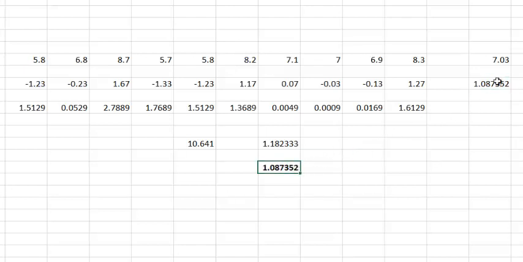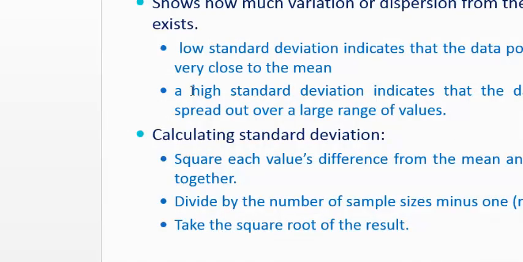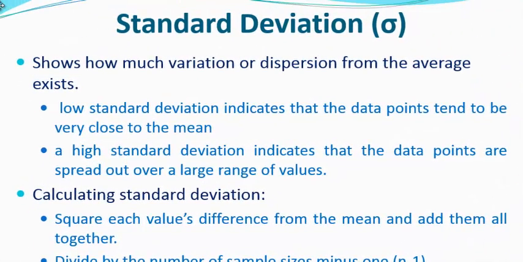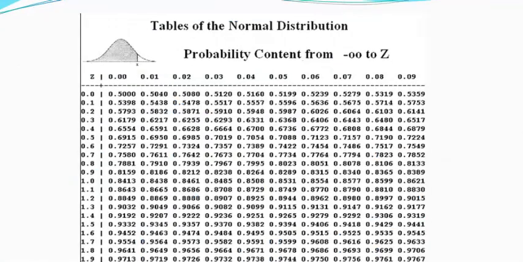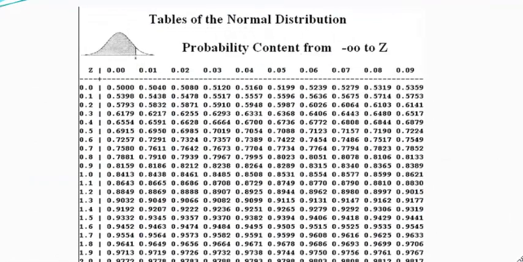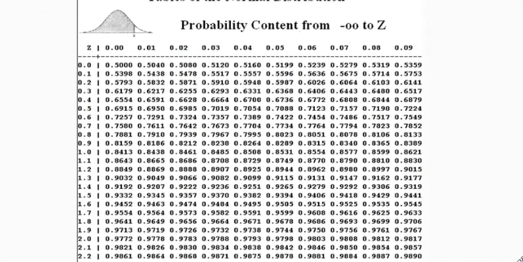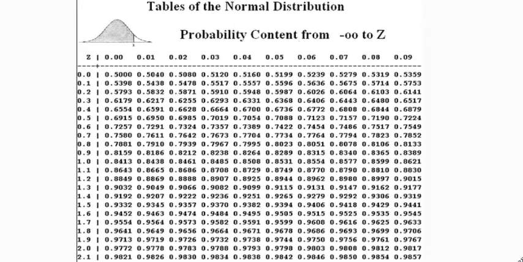Once we've got the standard deviation, now we have to figure out the confidence interval. The first stage in figuring out the confidence interval is looking at the z-table. The z-table is over here. And here we're asked for 99%. Now remember, as we discussed earlier, this is a one-tailed distribution table.